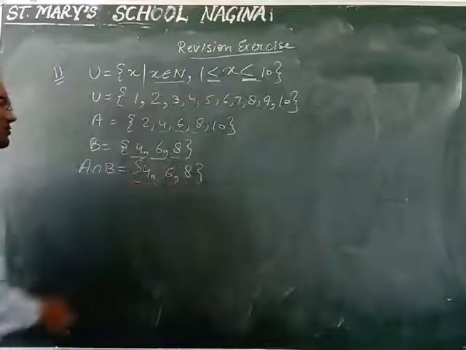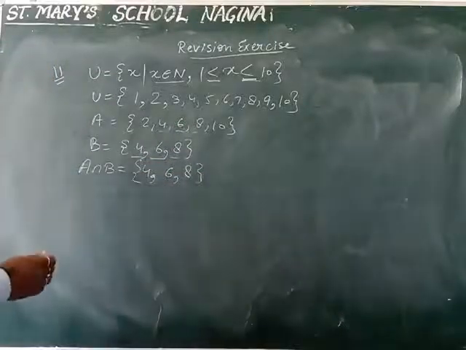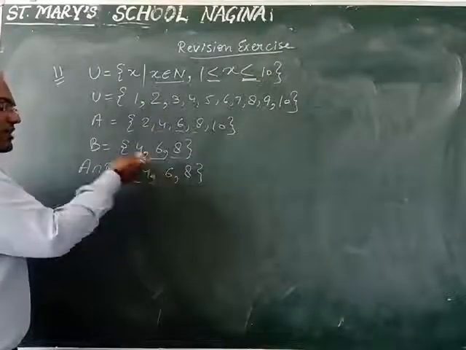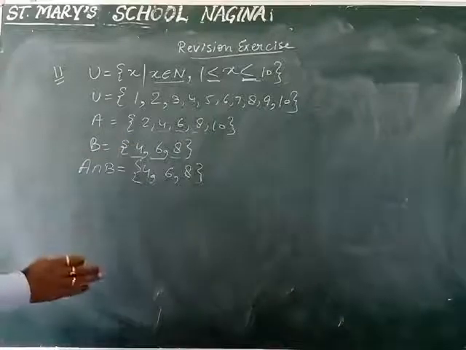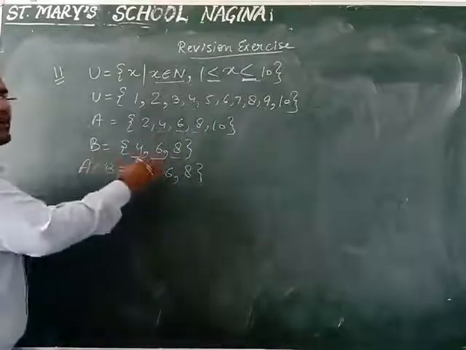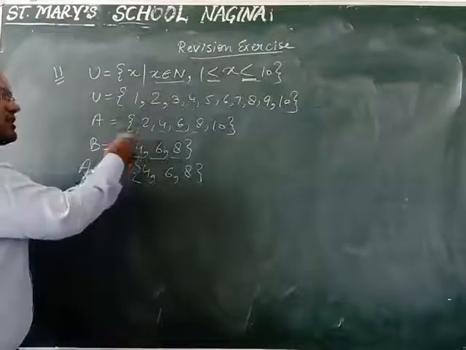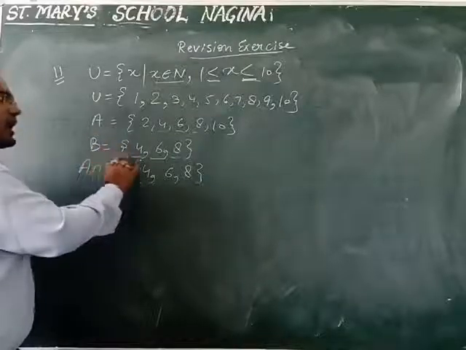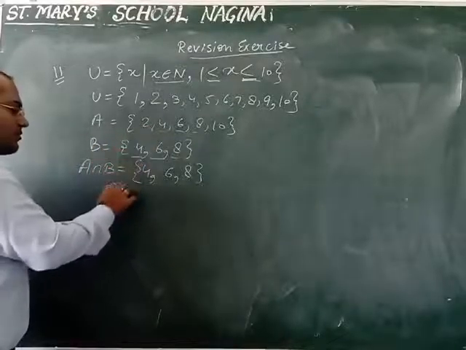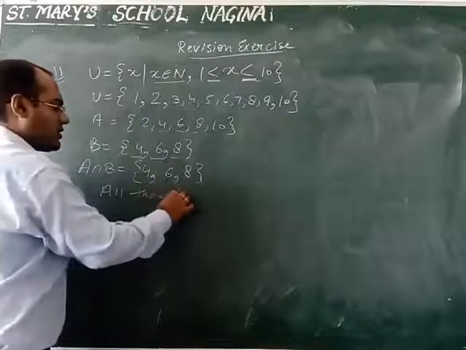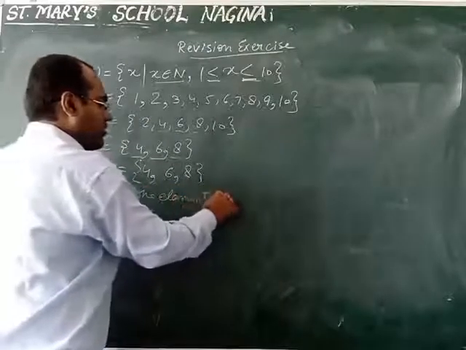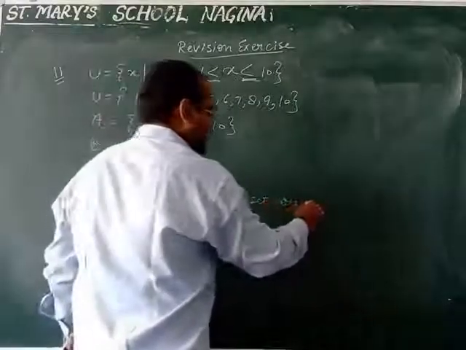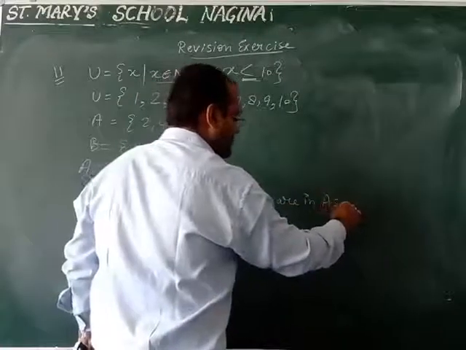So what you have observed? Here one new thing we are observing that these 4, 6, 8 these all are the elements of B. That means common is coming this complete set. Whenever this full set is coming in A, all the elements of B are coming in A. All the elements of B set are in A set.